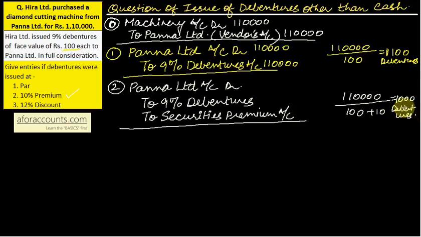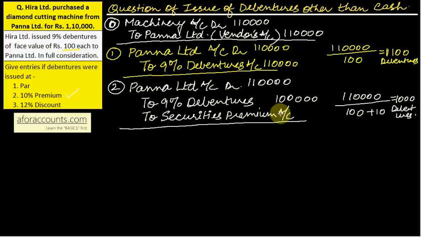ओके, सो 1000 डिबेंचर्स हो जाएंगे and Panna Limited 1,10,000 से डेबिट हो जाएगी to 9% debentures. See 1000 debentures of the face value 100, that is 1 लाख.